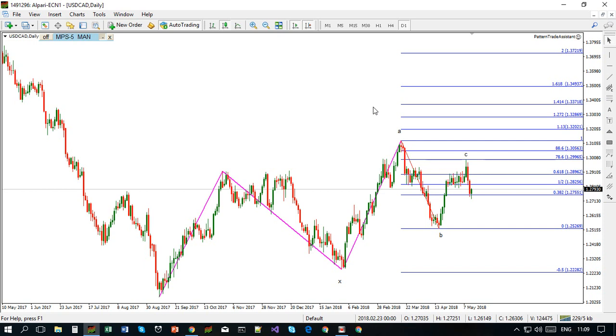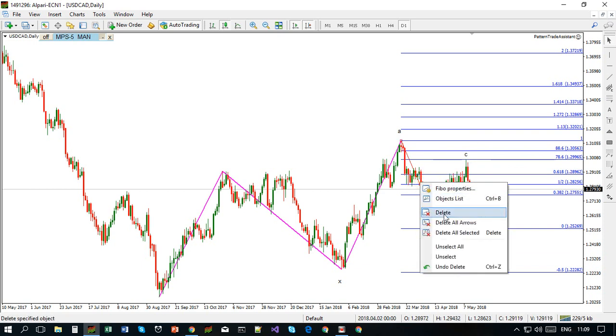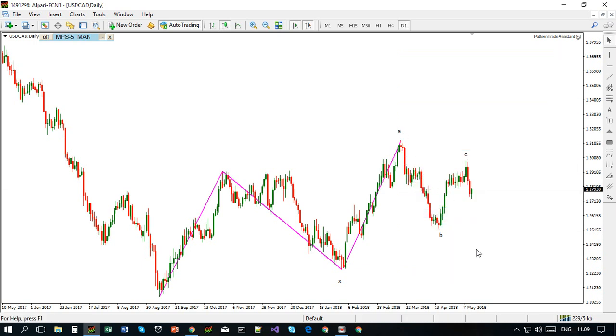Once this criteria is met and you have this B to C movement, what you do next is calculate the potential termination of this pattern. First of all, you need to draw the ABCD pattern.